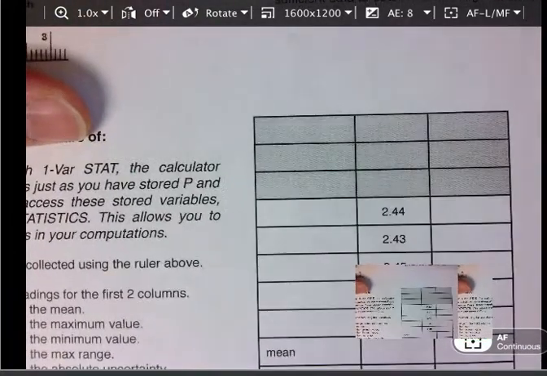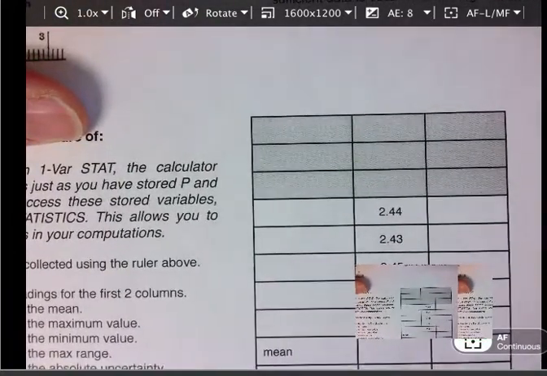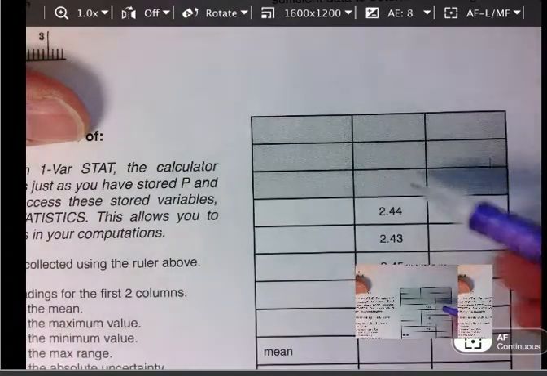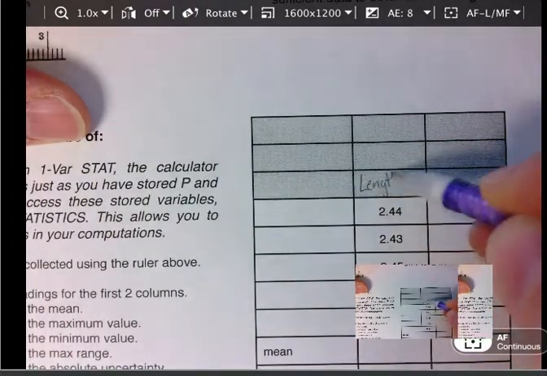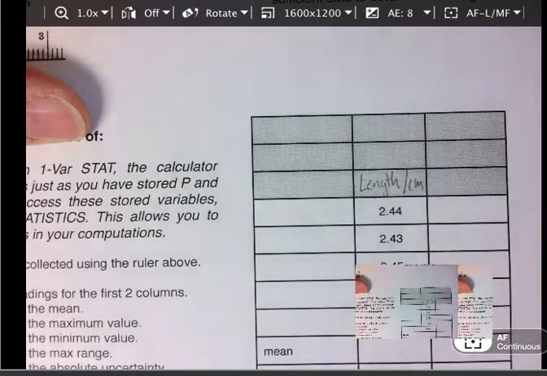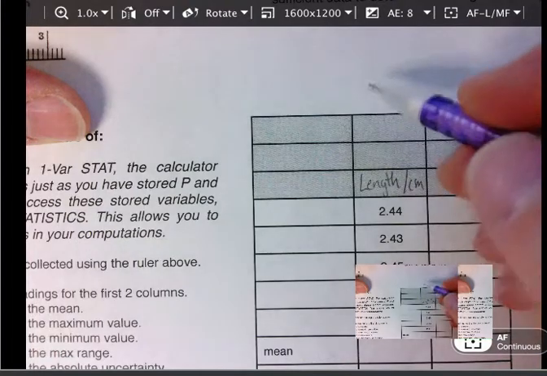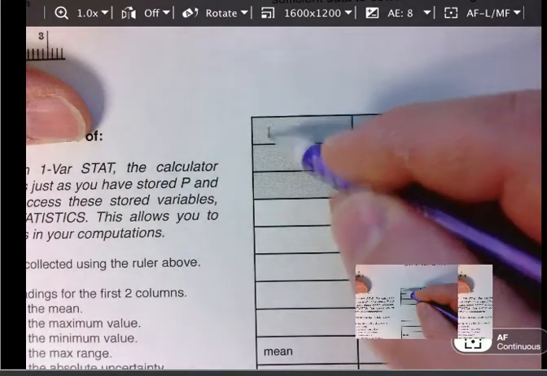So when we look over here like so, what do we have? Well, in this case here, we have a length in centimeters. And we would have, in this particular case here, a reading error.